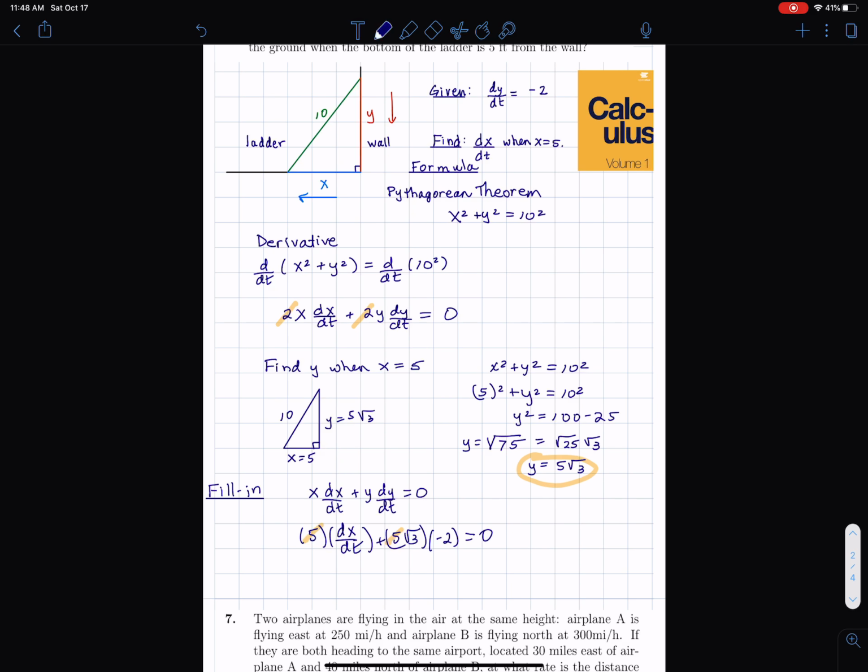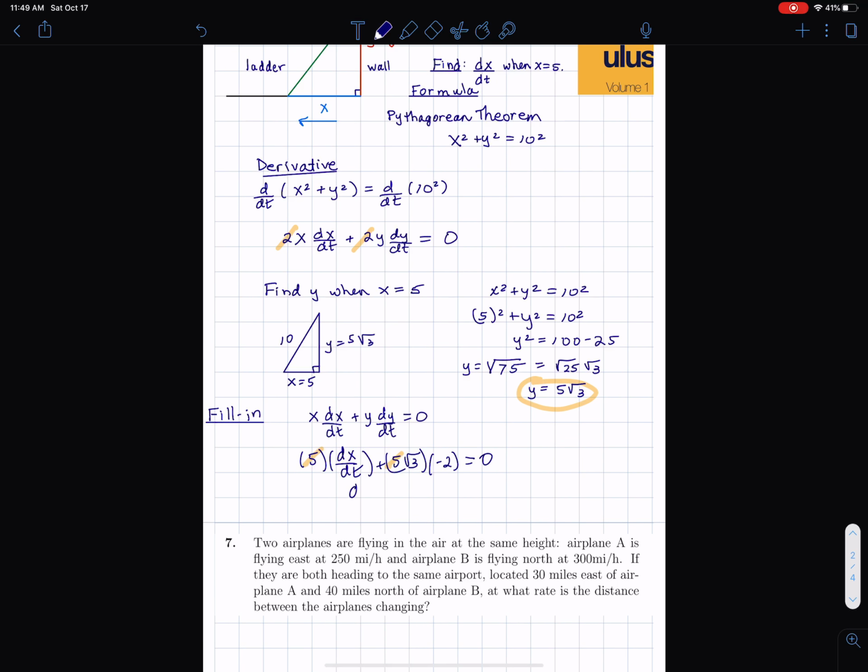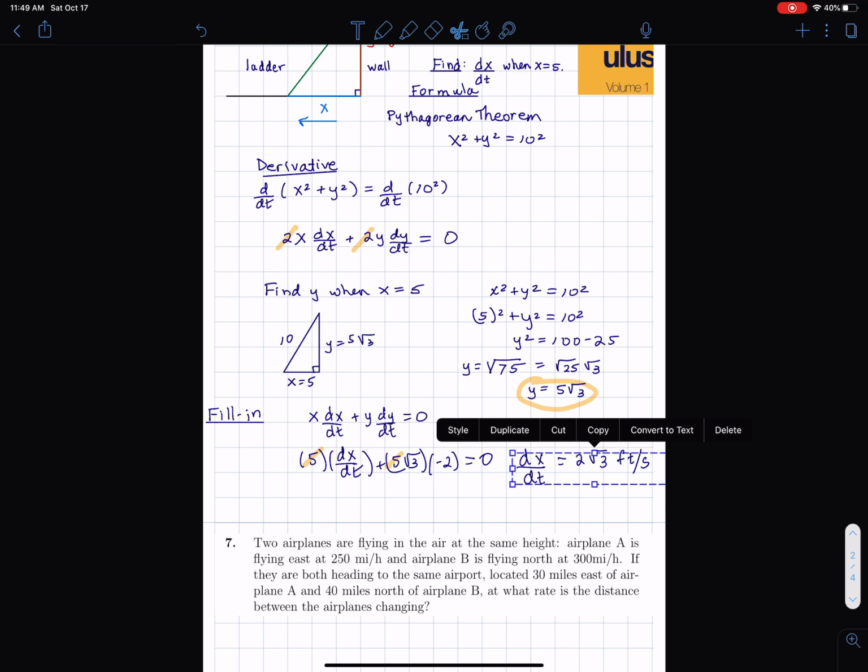Okay. So we get that dx/dt is equal to 2 rad 3 feet per second. So that means that the ladder is moving away from the wall at 2 rad 3 feet per second.